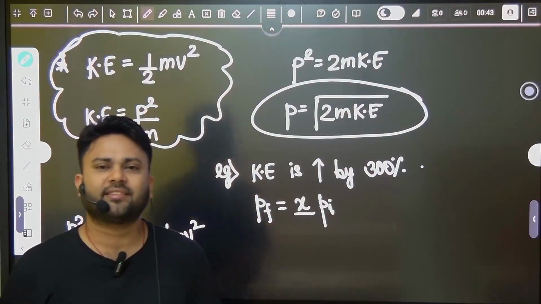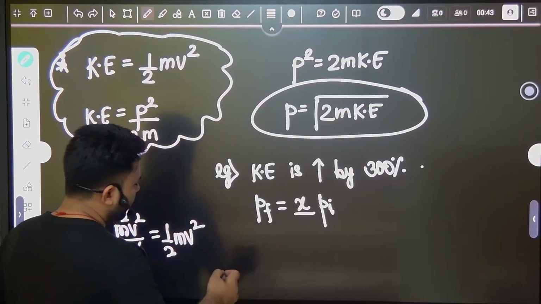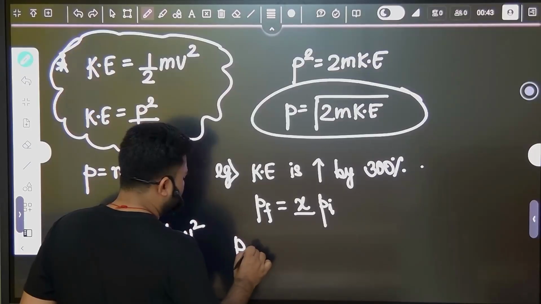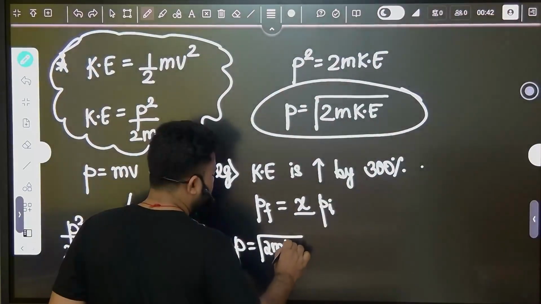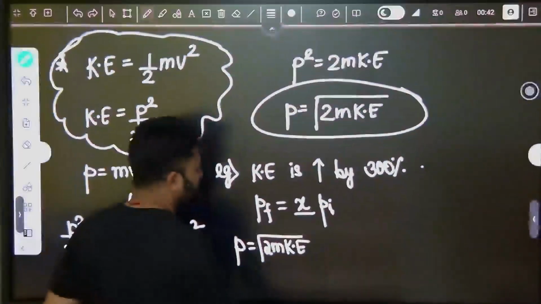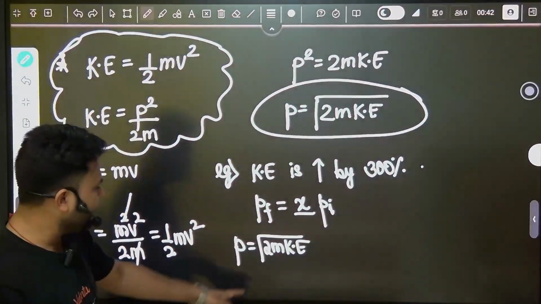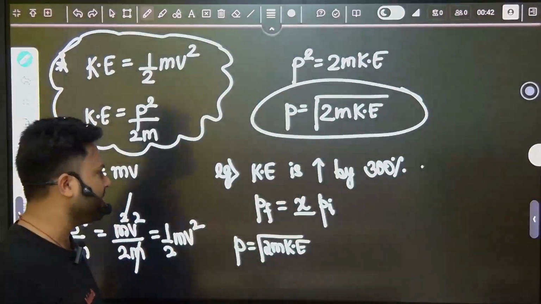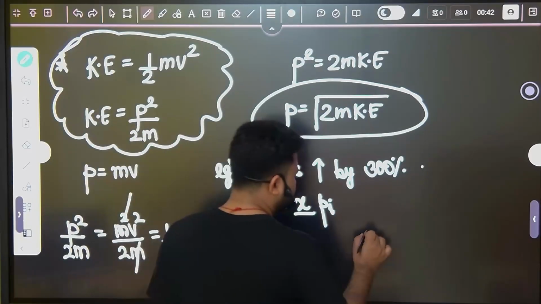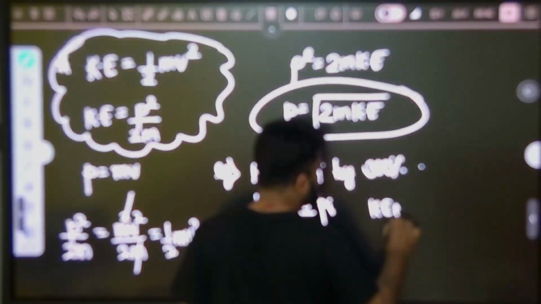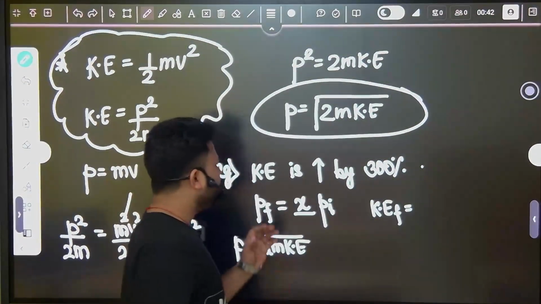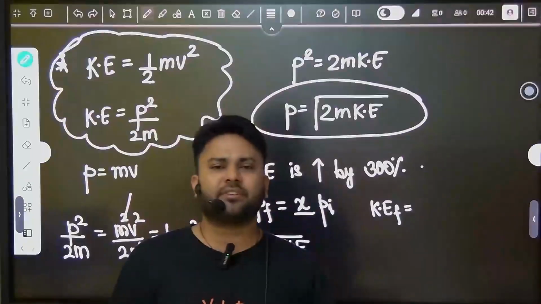What is x? See, initial momentum equals under root 2m kinetic energy, where I am writing Ke for the initial kinetic energy. So what is happening with final kinetic energy? Final kinetic energy is increased by 300%.